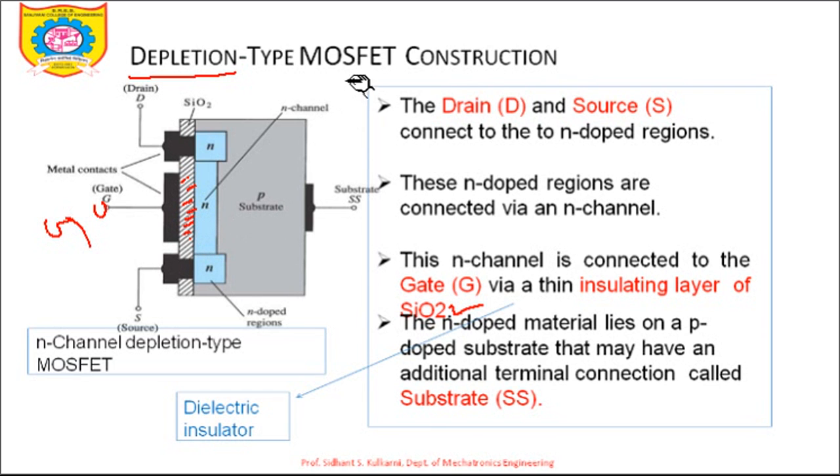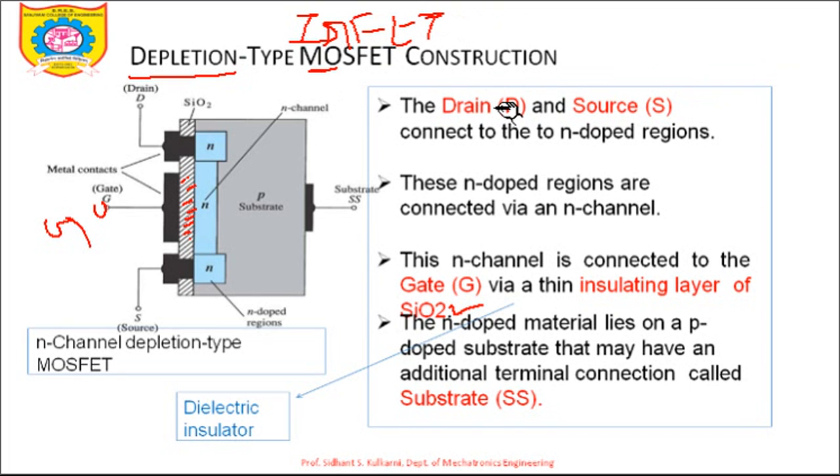So the name is metal oxide semiconductor. The SiO2 layer is the metal oxide layer, which is present between the substrate and the gate, and the metallic contacts are made towards this SiO2 layer. SiO2 acts as a dielectric insulator, and MOSFETs are also called insulated gate field effect transistors. If someone asks you the second name of MOSFET, it is IGFET, insulated gate field effect transistor.